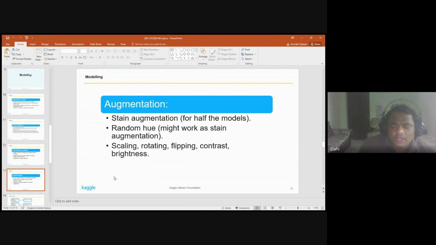For image augmentation, for half of the models I have used stain augmentation, and for all I have used random hue. Hue might work as a stain augmentation, therefore I have given more importance to hue. The remaining augmentations were scaling, rotating, flipping, and contrast.